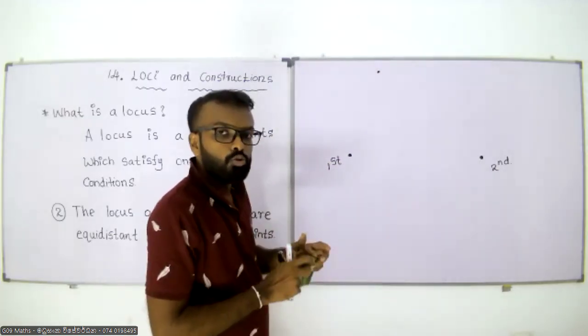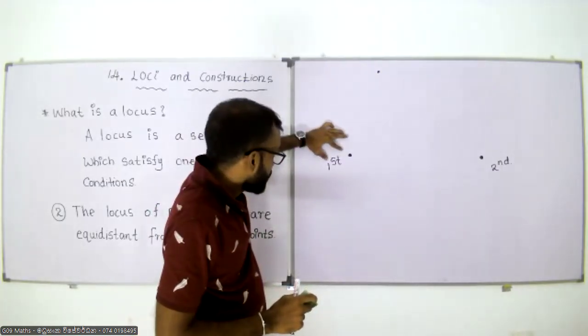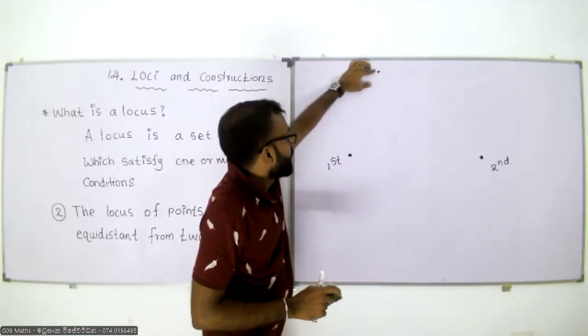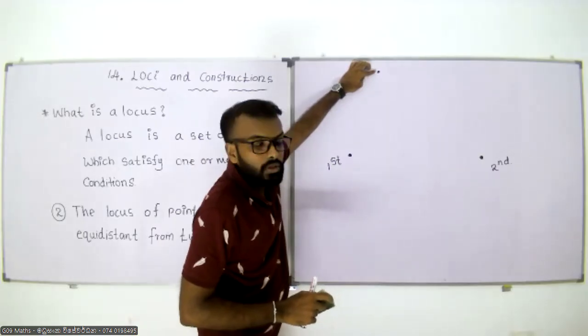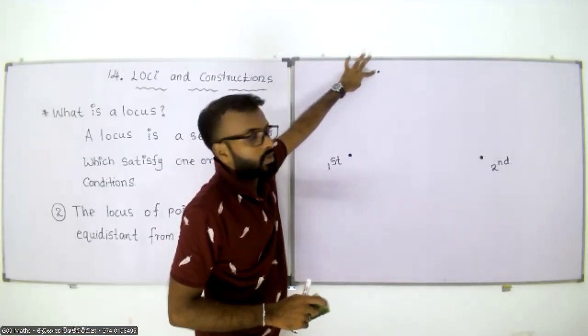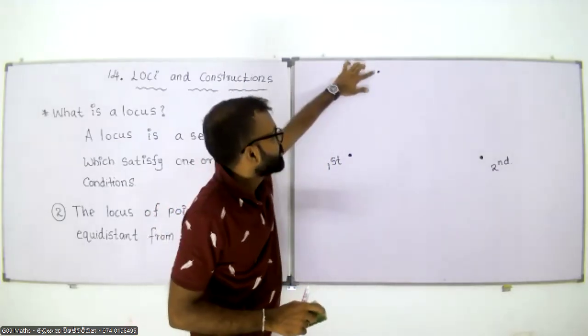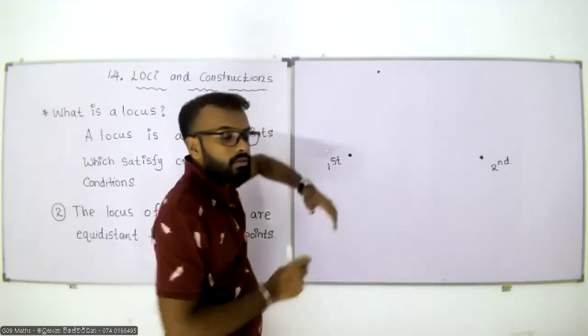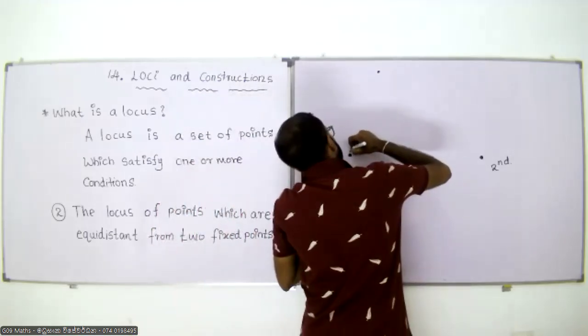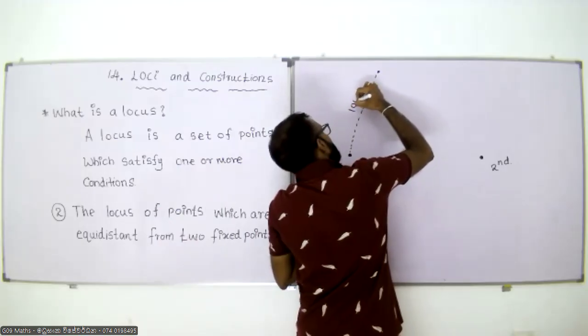Now I am going to take the distance from the first fixed point to the point that I have marked here. I am going to measure the distance between this point and my first fixed point. I will say this is 10 centimeters.